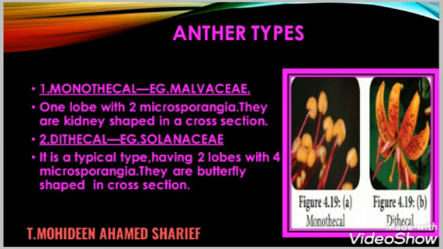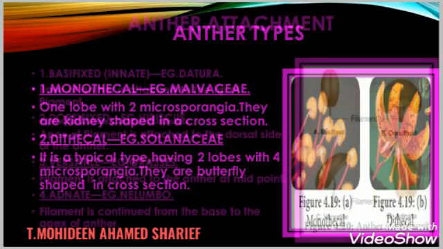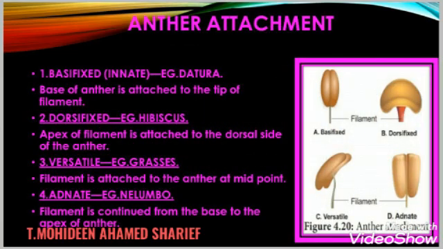Example, citrus. In versatile, filament is attached to the anther at midpoint. Example, grasses. Adnate, filament is continued from the base to the apex of anther. Example, verbena, ranunculus, and nelumbo.